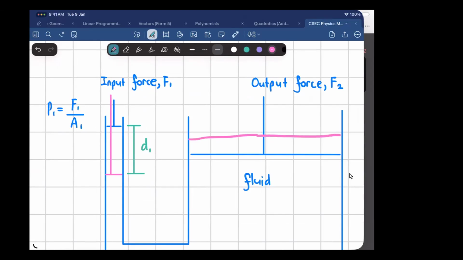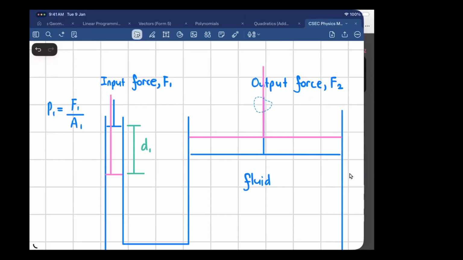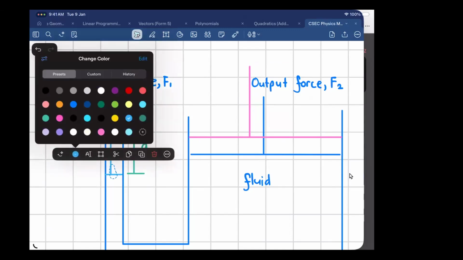So I'll show you what's going to happen there. I'm not drawing this on top of this one because you wouldn't be able to see the blue one, so I'll draw it a little off center. Maybe I should do it in a different color, like a light blue.